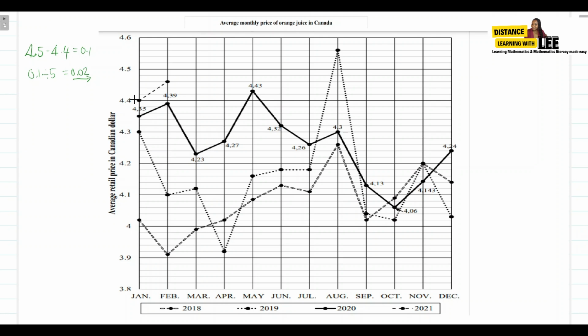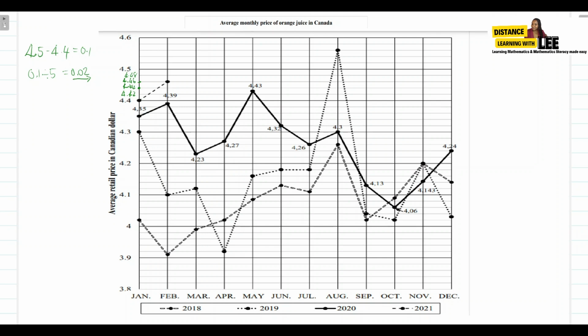Right, so now let's figure out what that value there is. 4.4 plus 0.02 is 4.42. Then plus 0.02 is 4.44, plus 0.02 is 4.46, which is what we want there. I'm just going to continue: plus 0.02 is 4.48, and plus 0.02 gives you 4.5.